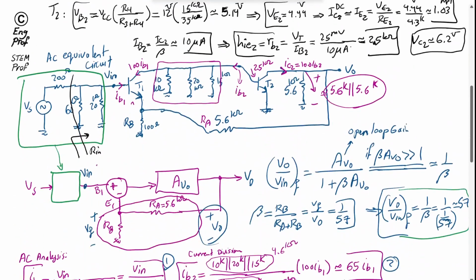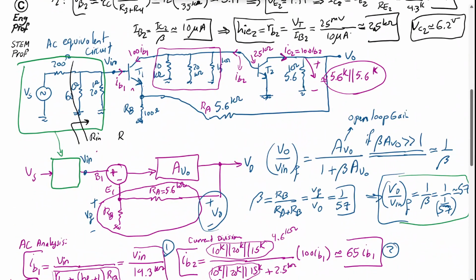So in this case, Rin is equal to 60K parallel with 20K, parallel with Rx. Without feedback, we found Rx here, but that Rx is without feedback. With feedback, as known for the voltage feedback network, it's going to be an amplified input impedance.